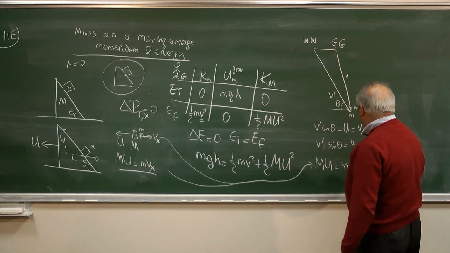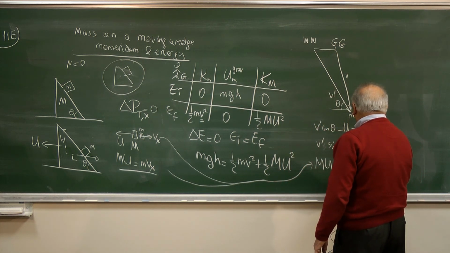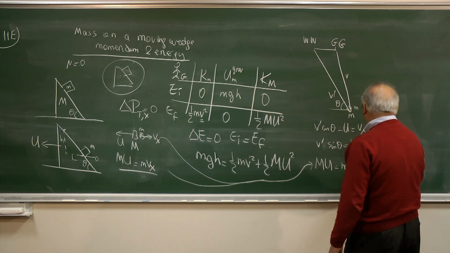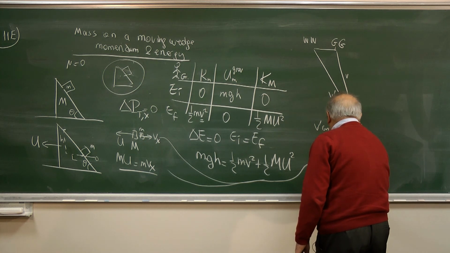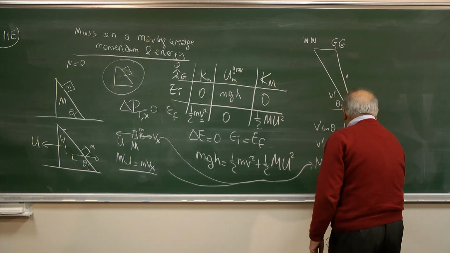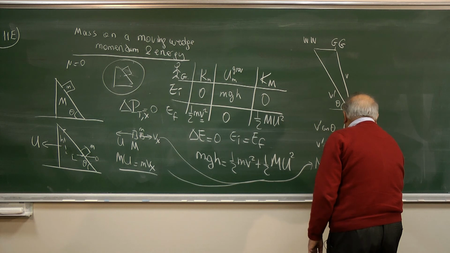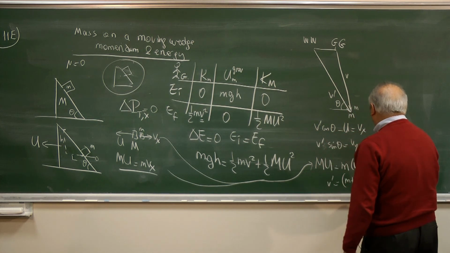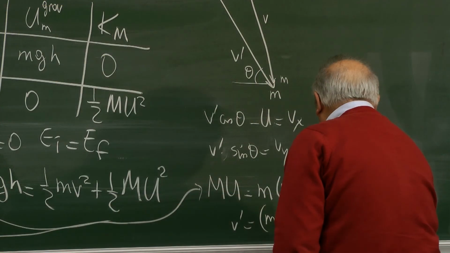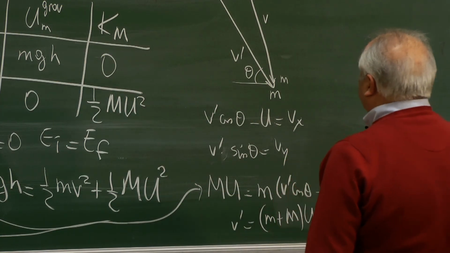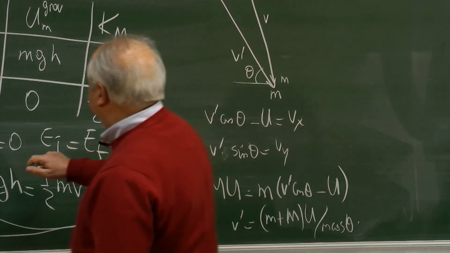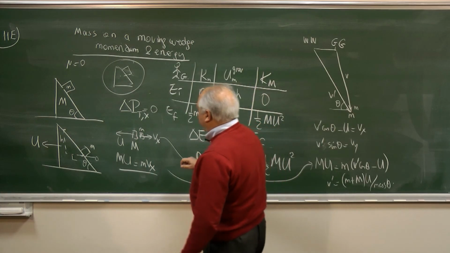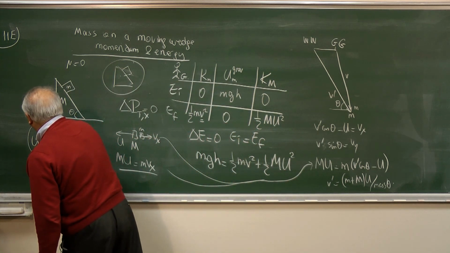So we insert this, V prime cosine theta minus U. Therefore, V prime is equal to (m plus M) U divided by m cosine theta. Now, let's write this one, because finally we want to find U.